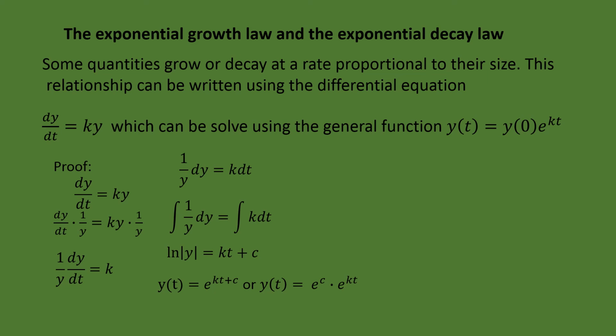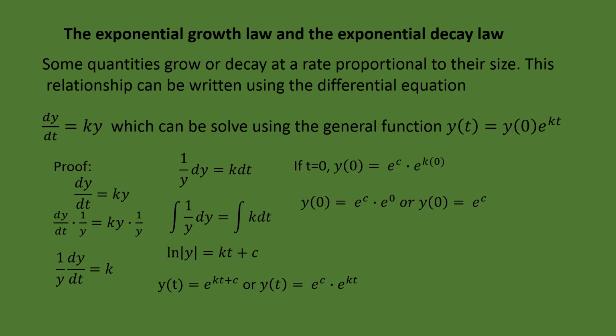After that, when t is equal to 0, we have y of 0 is equal to e raised to the power of c times e raised to the power of k times 0. Then, after that, we have y of 0 is equal to e raised to the power of c times e raised to the power of 0, or y of 0 is equal to e raised to the power of c, because the Euler number to the power of 0 becomes 1.